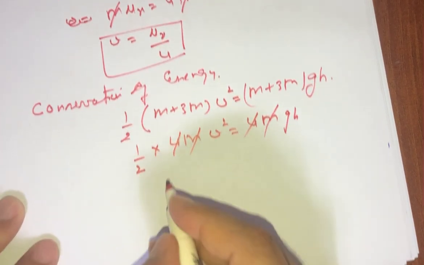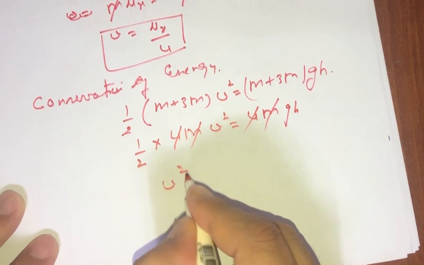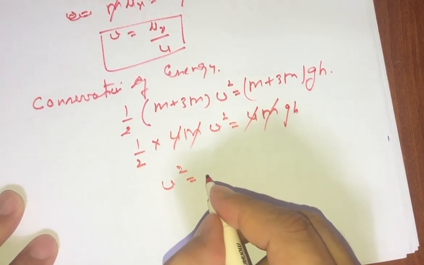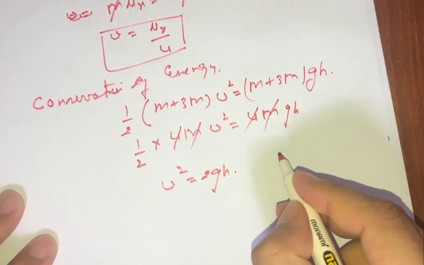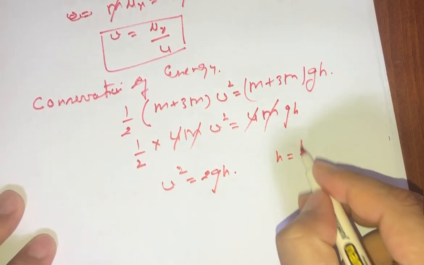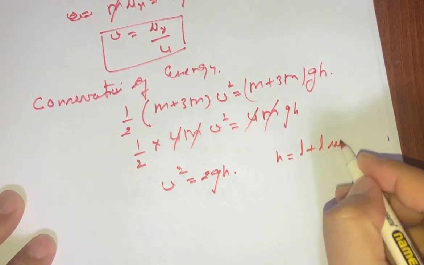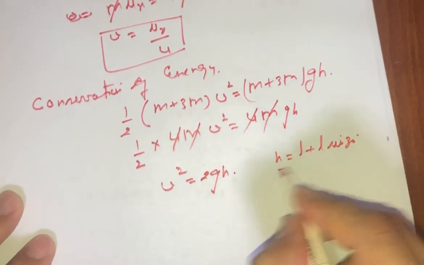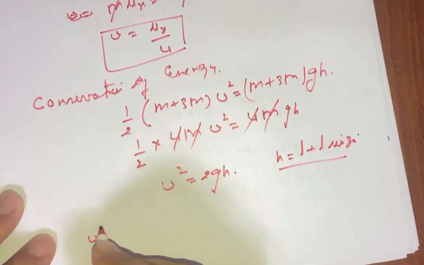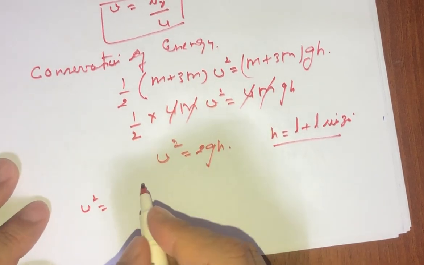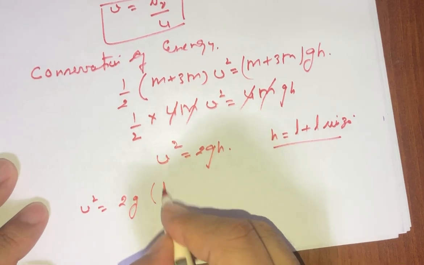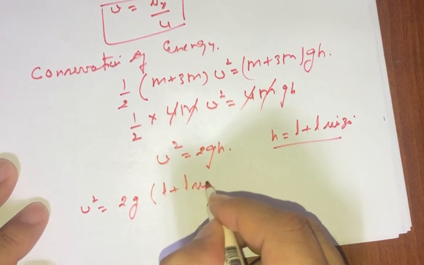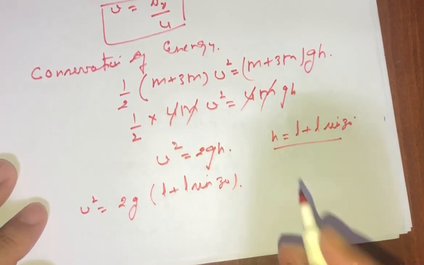So we can say that v square is equal to 2gh, and value of h we already know is given by L plus L sine 30. So we write that v square is equal to 2g times L plus L sine 30.